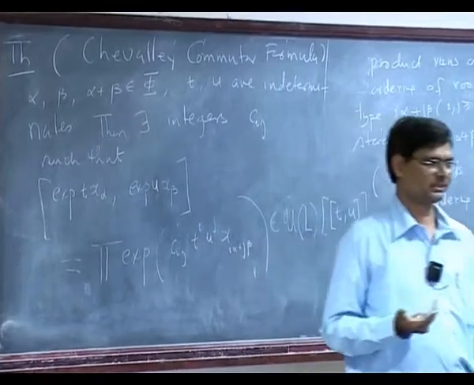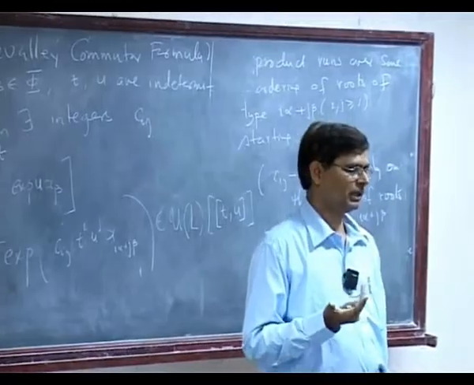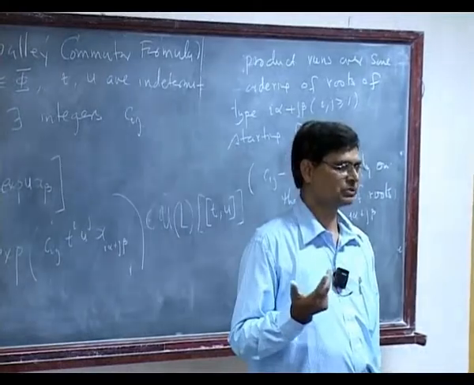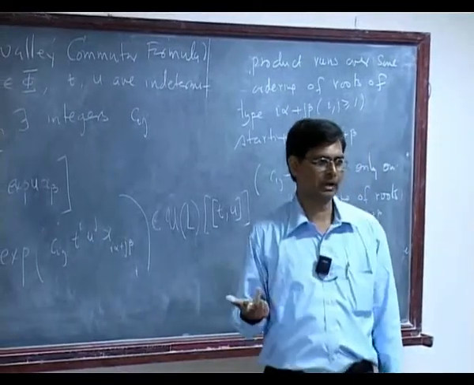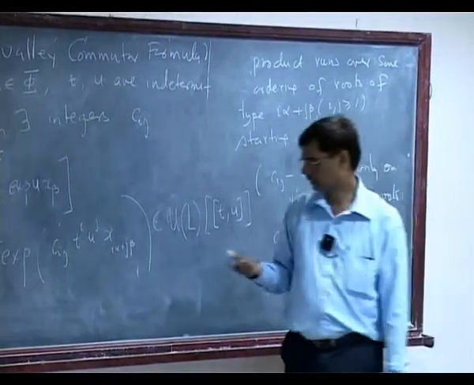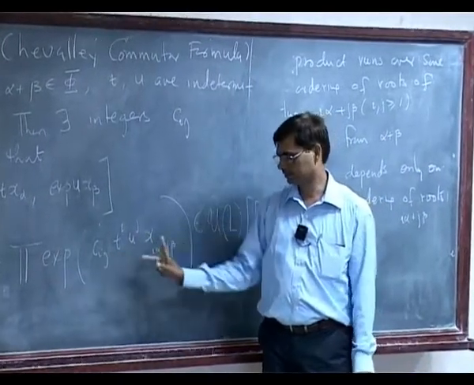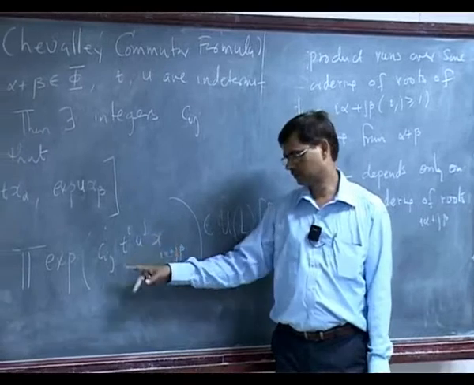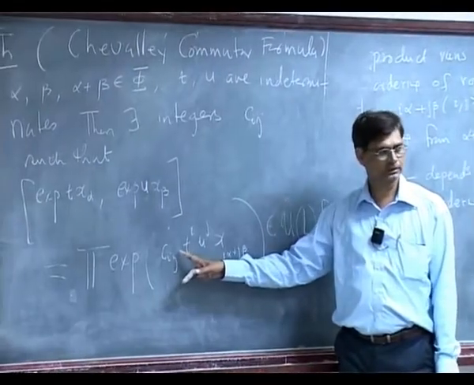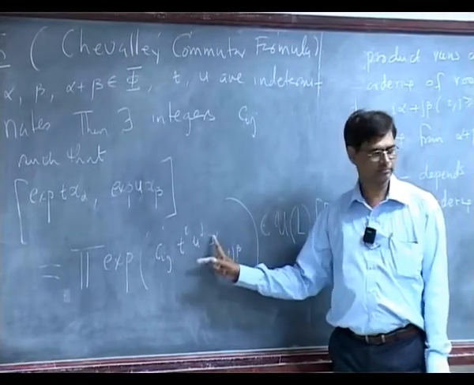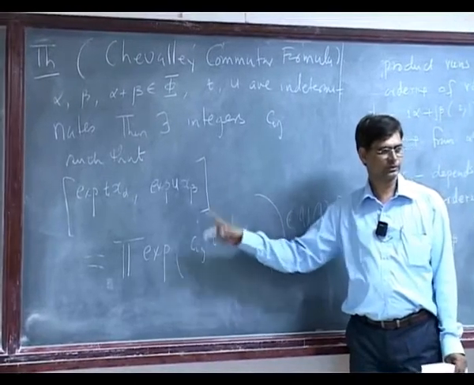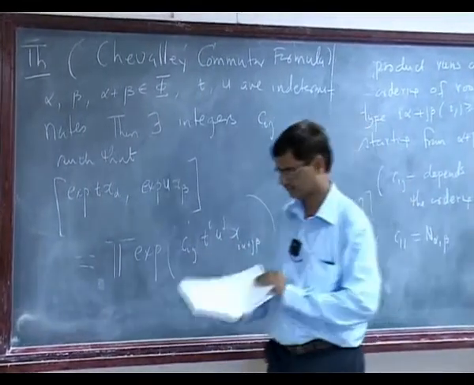You have done this exercise: if all roots have the same length, then N alpha beta is plus or minus 1. For example, in types A_n, D_n, E_n. So all roots have the same length, and therefore you have plus or minus T u. This is a special case.